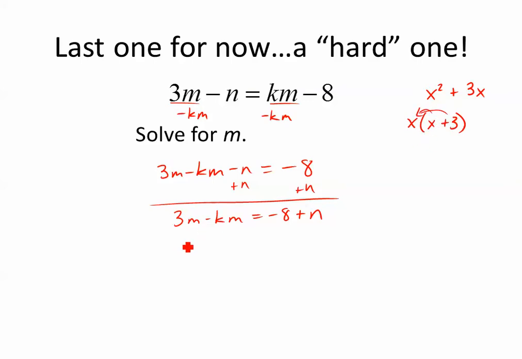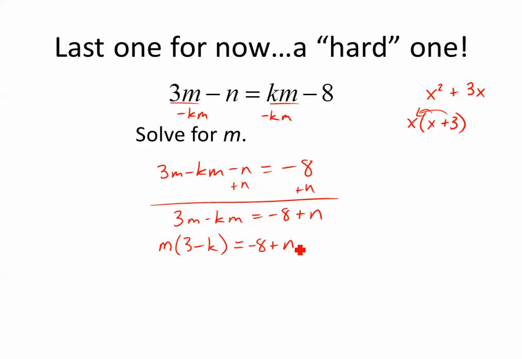We're taking the common piece out. How could I apply that? How is this like something I've done before? Well, we're going to find that common term and pull it out. So if I pull out the m, what's left? 3 minus k. Okay. How is this like something I've seen before? The previous slide.